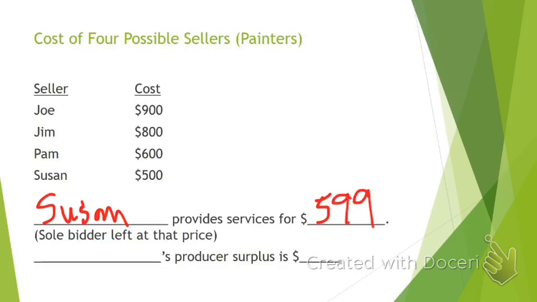What's her producer surplus? Susan's producer surplus is $99. All right. Everybody get it? Okay.